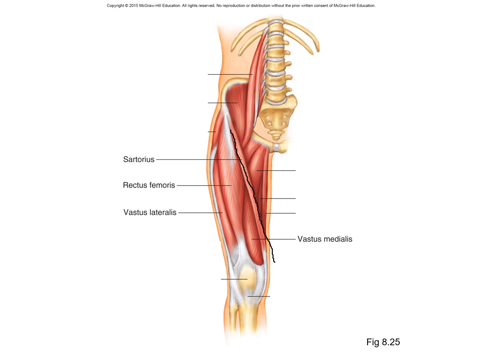Then there's the three vastus muscles. You can't see the vastus intermedius because it's directly under the rectus femoris. But what you can see is the vastus lateralis. It's on the lateral side. So it's there, and the vastus medialis on the medial side. Okay, again, the vastus intermedius is located under the rectus femoris muscle.